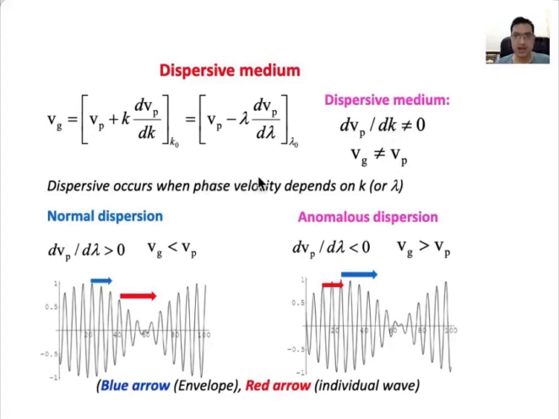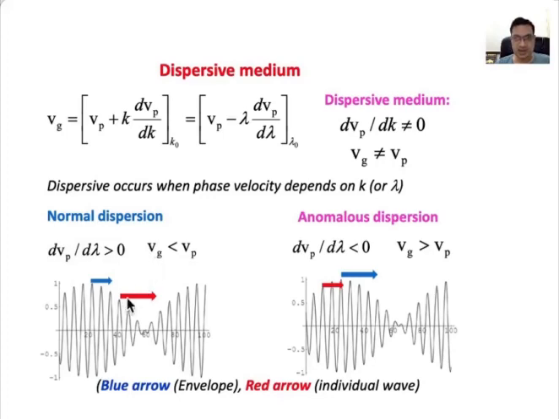Now we can define two kinds of dispersion. One is normal dispersion, where dvp over d lambda is greater than 0. It means that your phase velocity is larger than the group velocity.